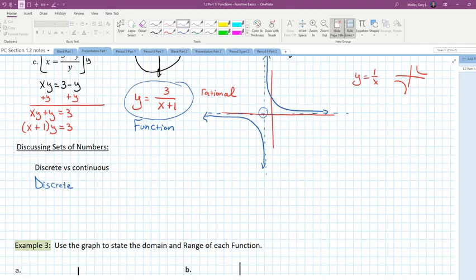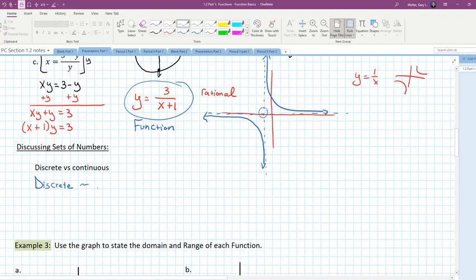Continuous numbers is when we are thinking about all the numbers, including all of the ones in between them. So, a quick thought of that would be thinking about time. Time, not only do you have 1 minute and 2 minutes and 3 minutes, but you have all the time in between. So as we go from 9:05 to 9:10, we're going to hit every time in between, right? So that's discrete.